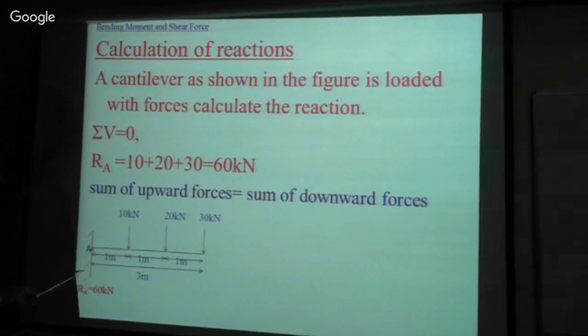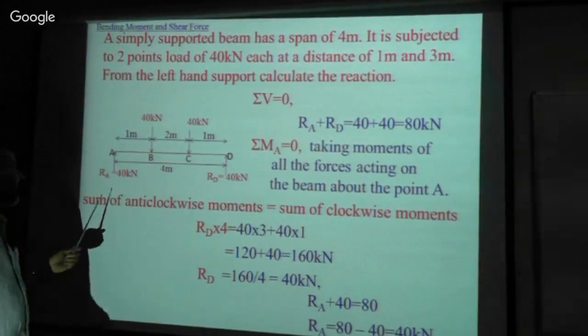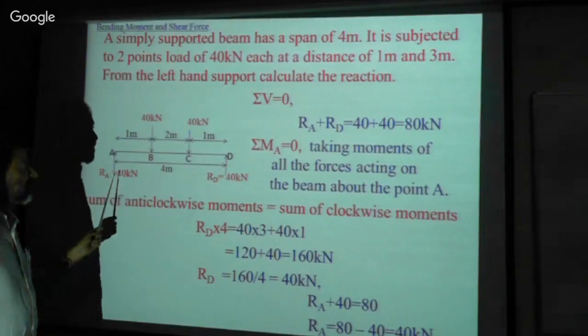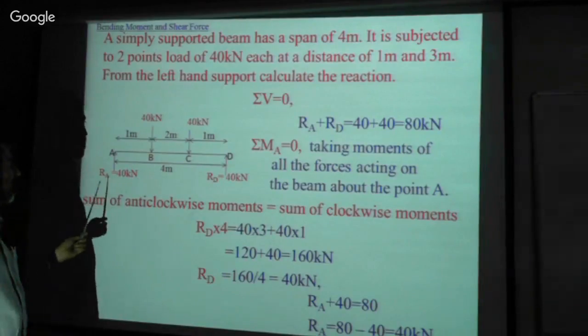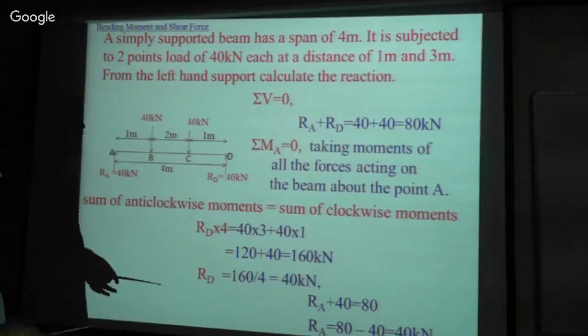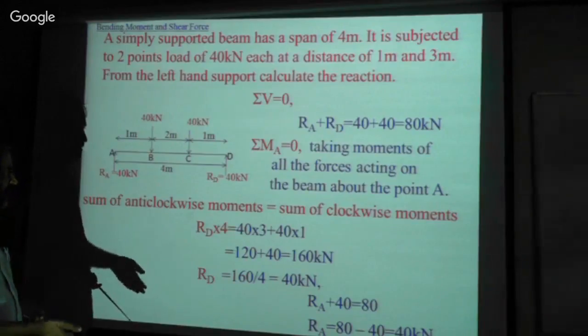The entire load is resisted by the only one support of this cantilever beam. Then also we have discussed finding the reactions of the simply supported beam loaded with 2 point loads. Please go through this and refer to the previous classes for more explanations.